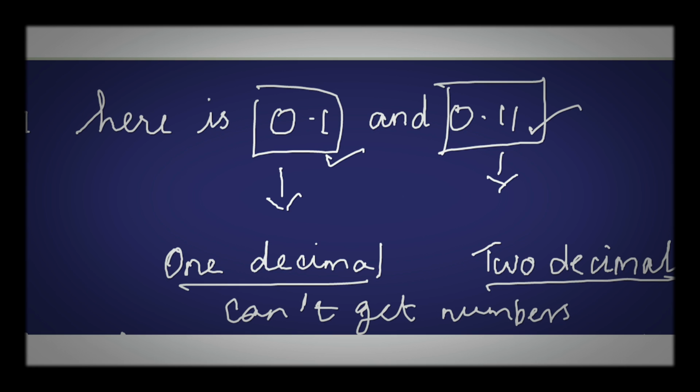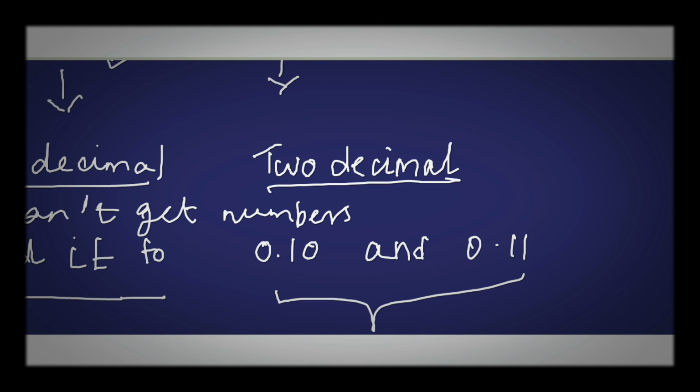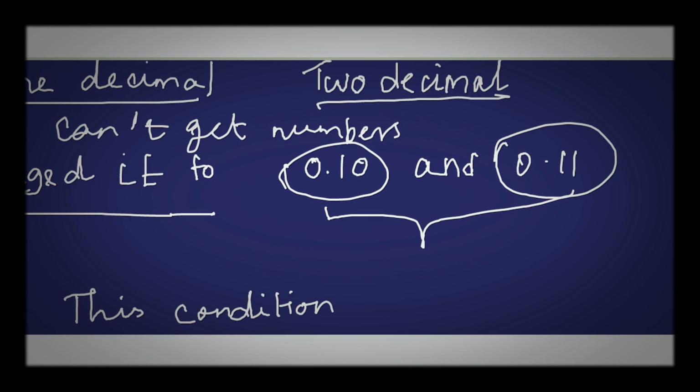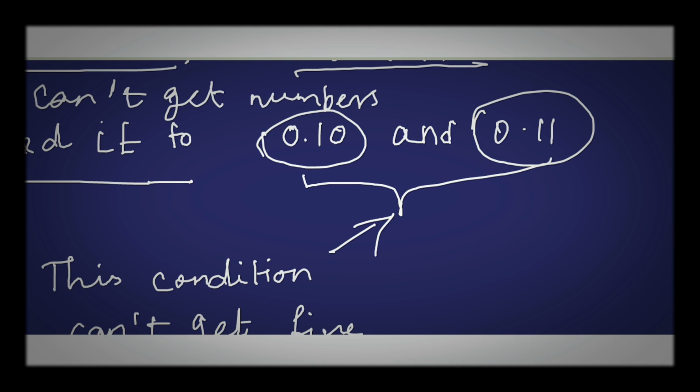So how to solve with this condition of 1 decimal value and 2 decimal value? Change the 1 decimal value by adding a 0 after 0.1. You will get 0.10, and it is equalized with 0.11 in 2 decimal places.